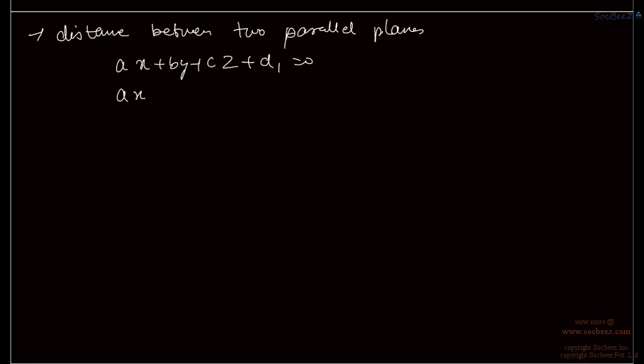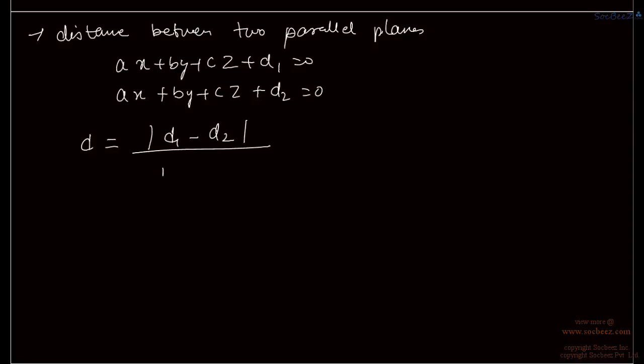Since these two planes are parallel, we can always make their direction ratios the same. So a, b, c we can make the same, right? And the other plane is ax plus by plus cz plus d2 is equal to 0. Then the distance between these two planes must be modulus of d1 minus d2 upon under root a square plus b square plus c square. Okay.